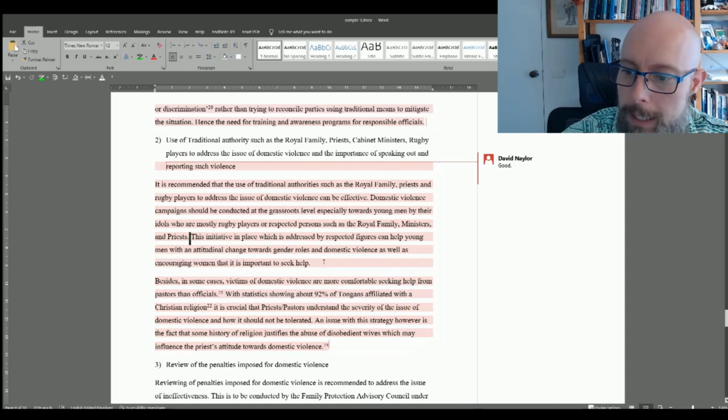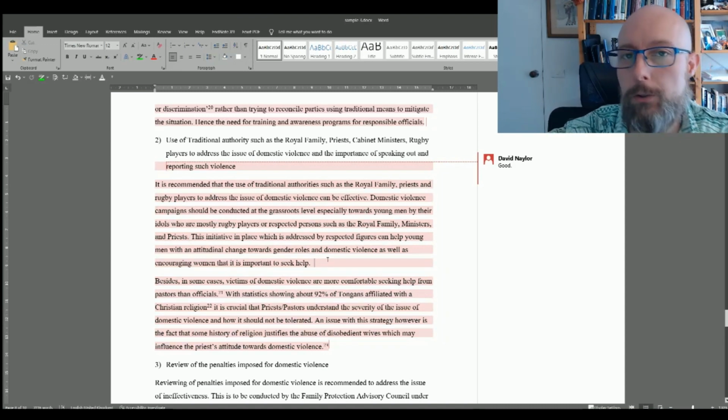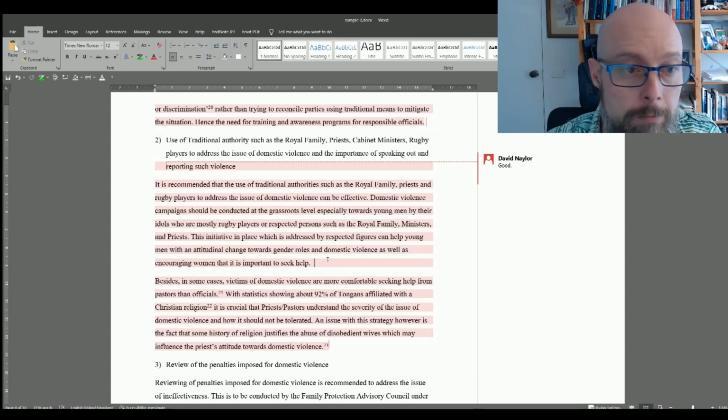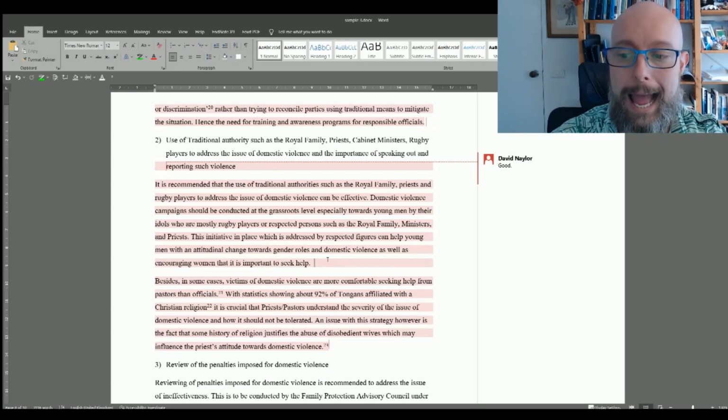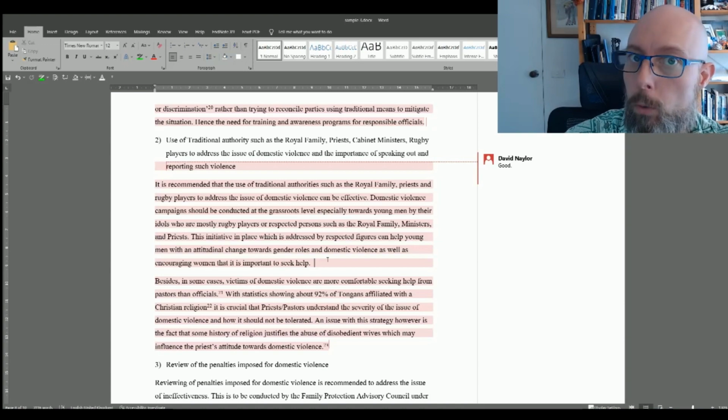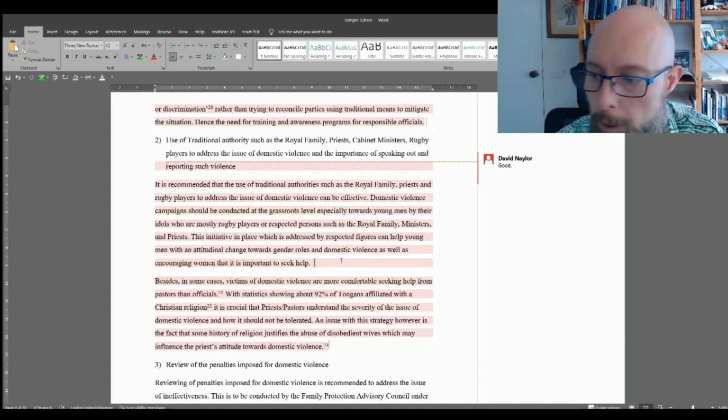Here is a reference to where this has been trialed somewhere else in the region, in Tonga, wherever, and it's been effective. And so we know that this sort of approach works to address this sort of problem.